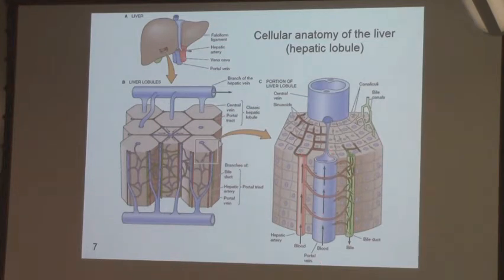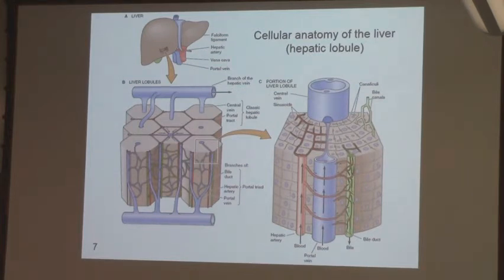Now where arteries and veins are usually connected through capillaries, the liver is an exception. There are no capillaries between the arterial blood and the venous blood. Instead, there are spaces between the hepatocytes, between the cells of the liver, called sinusoids. They're just spaces. It's not tubes.